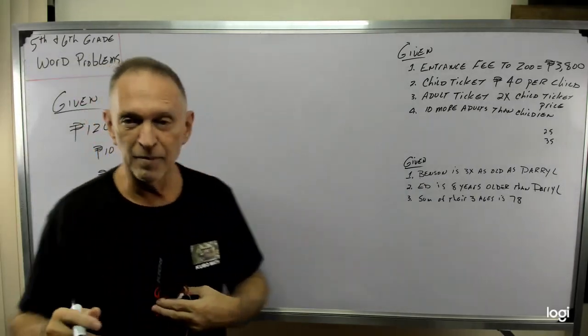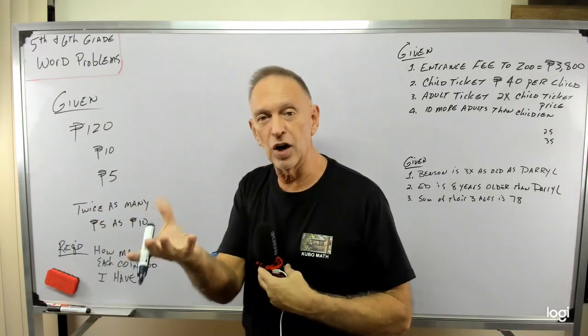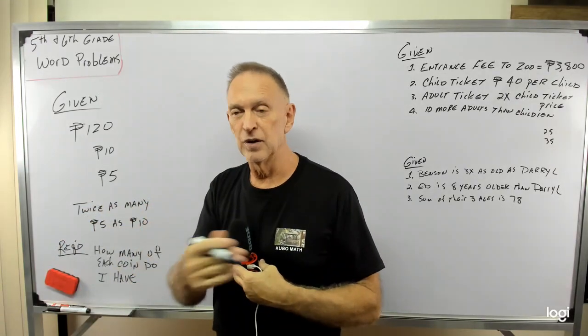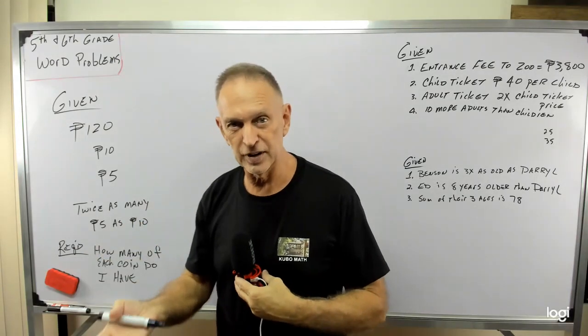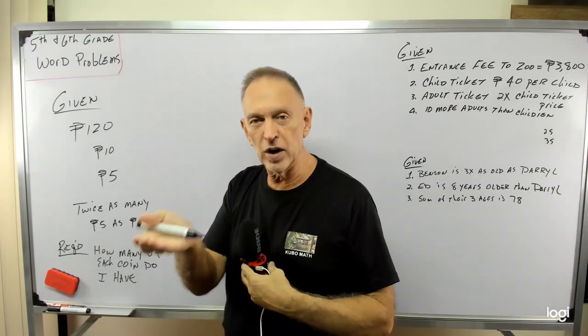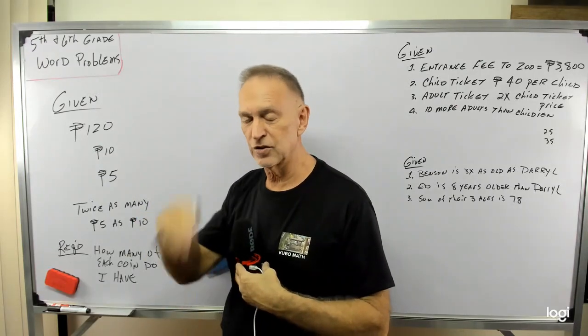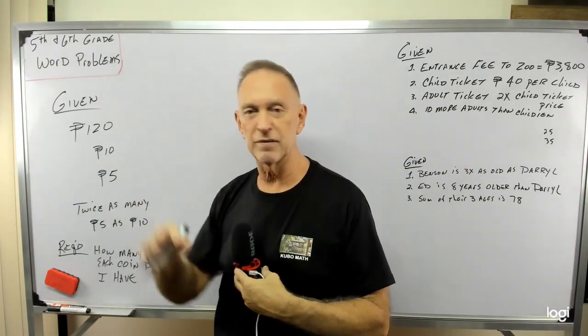Okay, the first problem here is this person has 120 pesos. So wherever you are in the world, just use your own currency. In the Philippines, here it's pesos. You could say $120, 120 rupees, whatever.